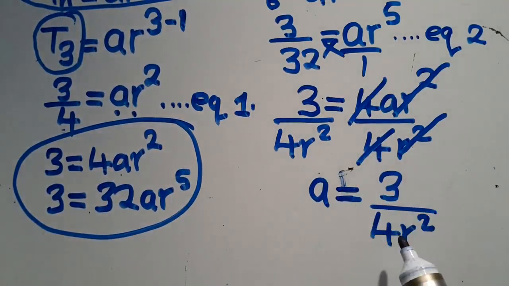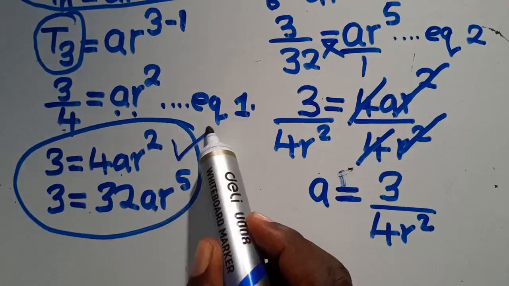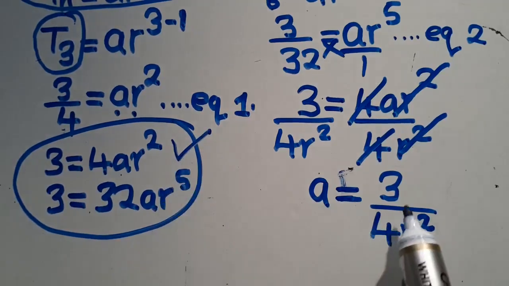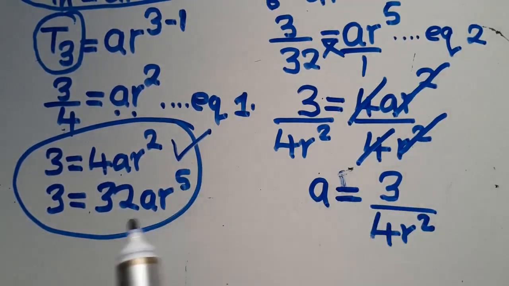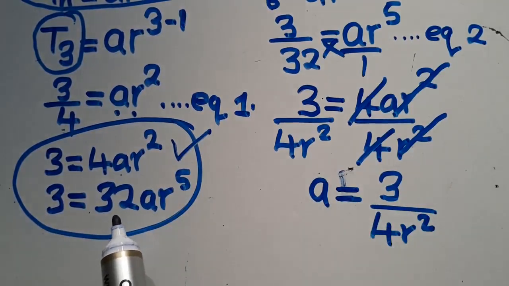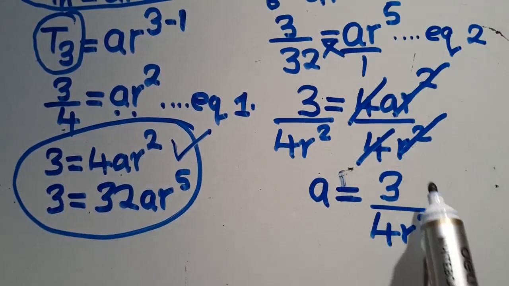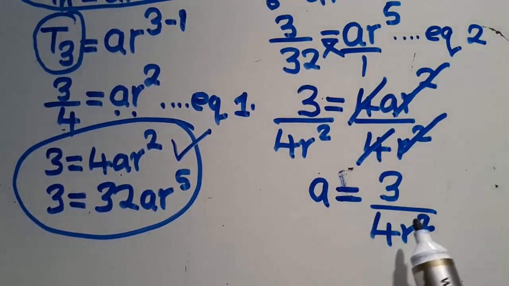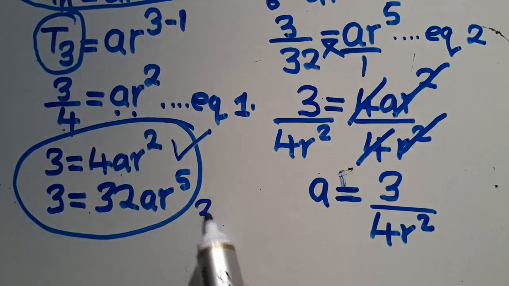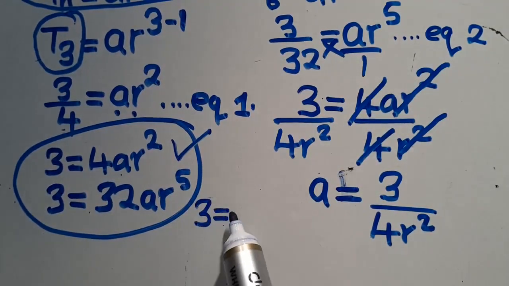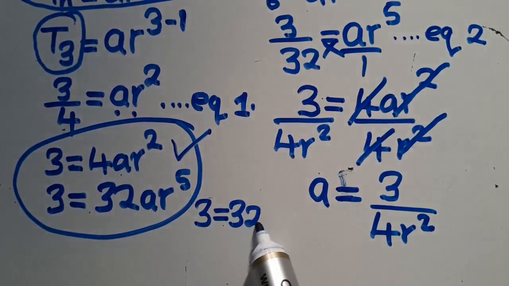After you do this, at first I had to get this one. Then after making A the subject of the formula, I get this other one. Where there is A, what am I going to put? I'm going to put this value here because I know that A is equal to that. So what do I mean? I'm going to say 3 is equal to 32.